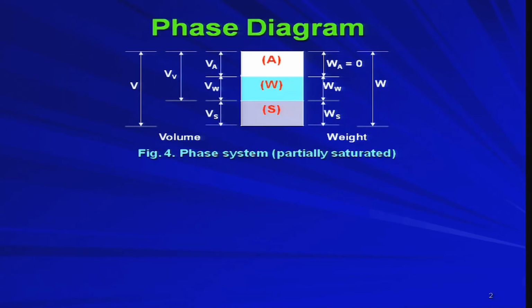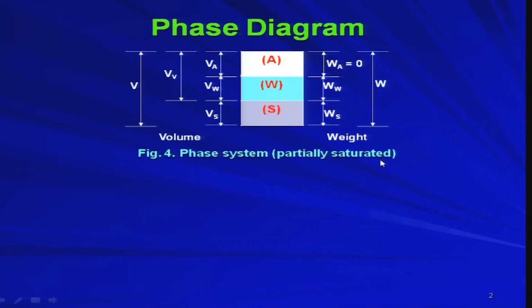This Va plus Vw together forms the total volume of voids, that is Vv. So the total volume is again Vv plus Vs, that is volume of voids plus volume of soil solids. If you understand this properly, the rest of the things will be very easily understandable.